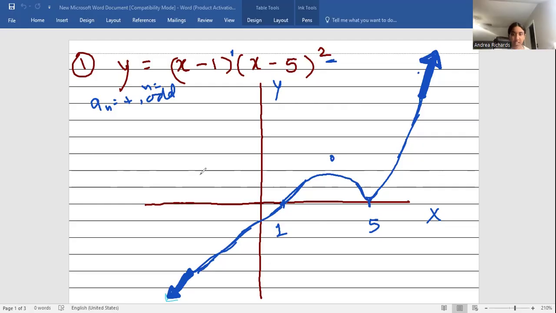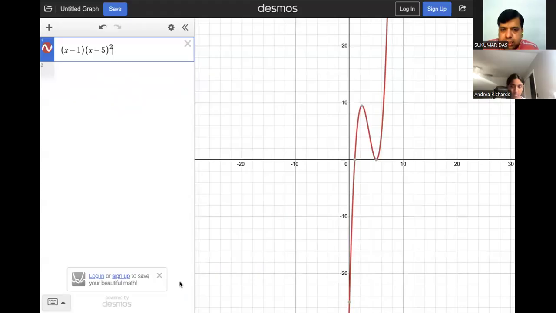Do you want me to share my screen? That will be good, so that we can check. This is our graph. Hold on, I have to stop my screen. Yes, you see? Same thing here.